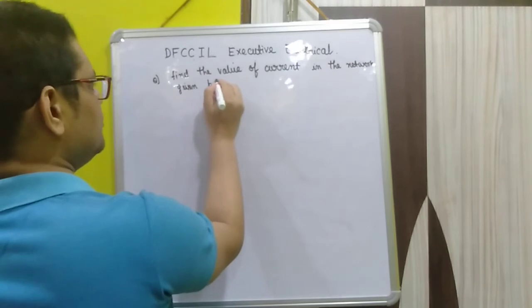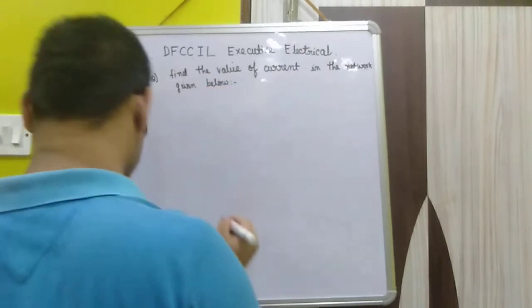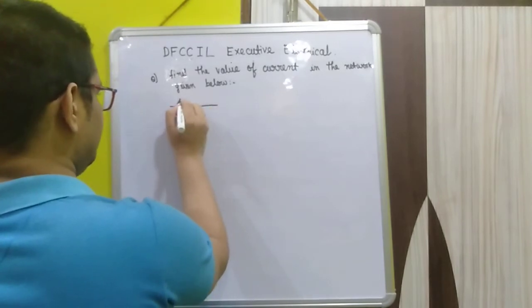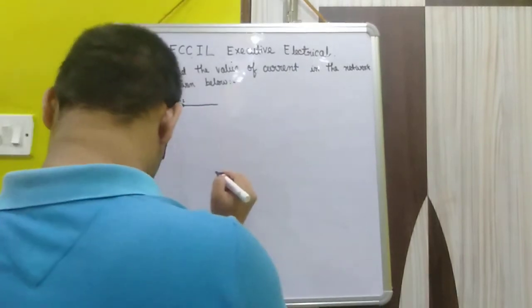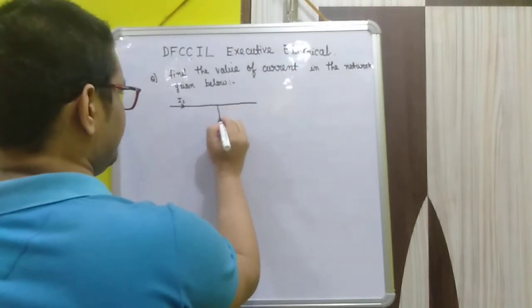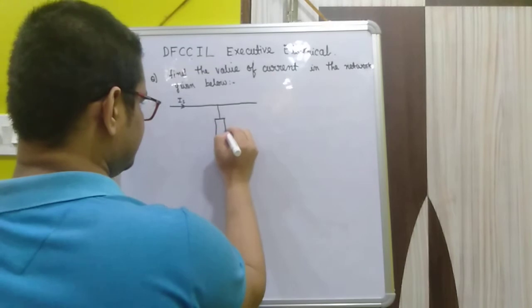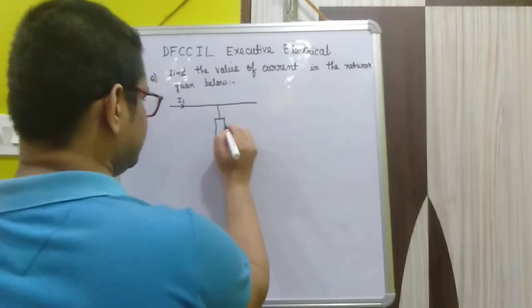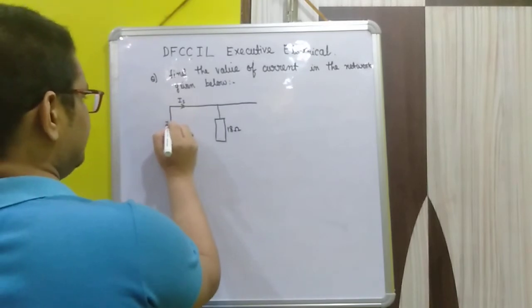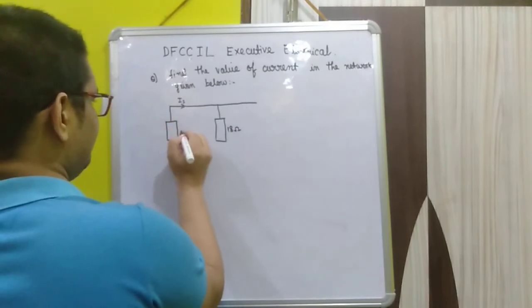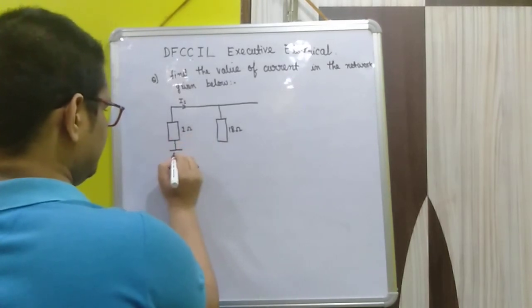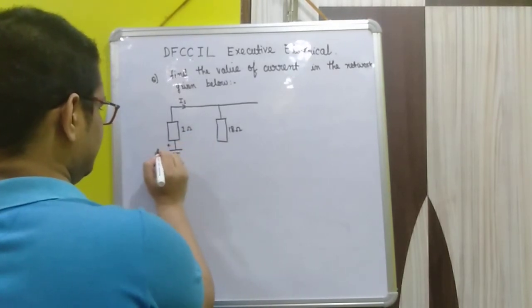So now I am going to draw the circuit which came in the examination. This is the circuit over here. The current I1 is going, and this is a voltage node, V1. Here is a resistance of 18 ohm, and another resistance with a value of 1 ohm, and here is a voltage source, positive negative, 10 volt.